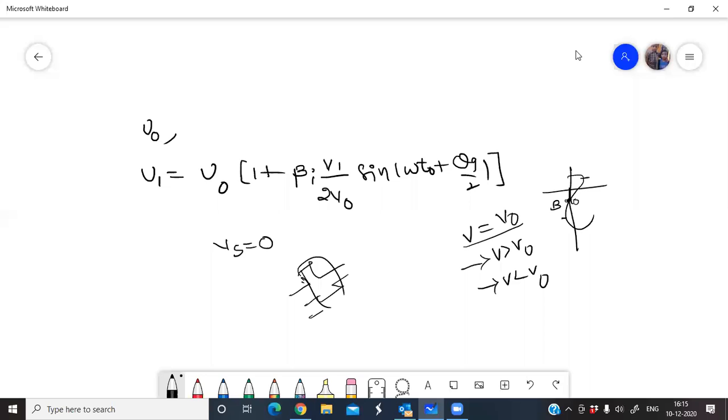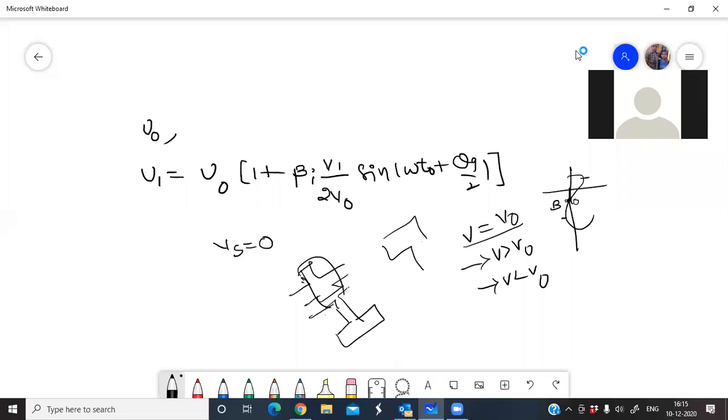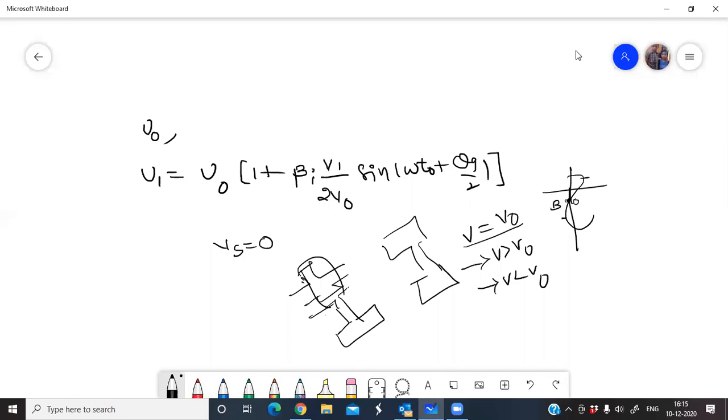Suppose this is the cavity, and here one more cavity. Like this. So this is the drift space actually. Some electrons are moving from buncher cavity to catcher cavity. Some electrons are moving with faster velocity, some with slower velocity with respect to the uniform velocity.